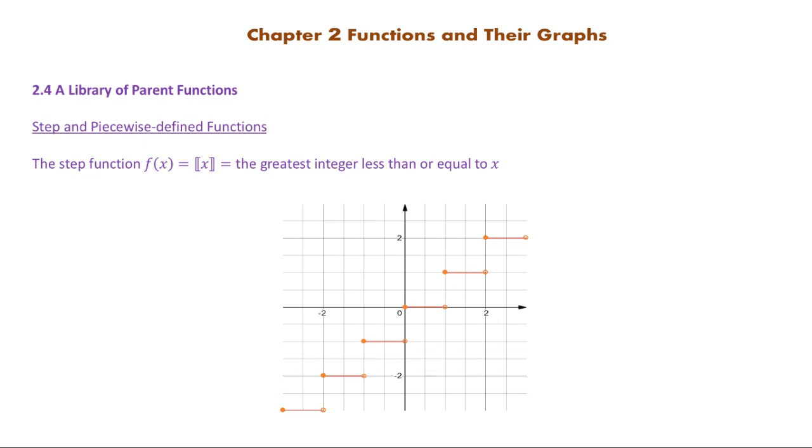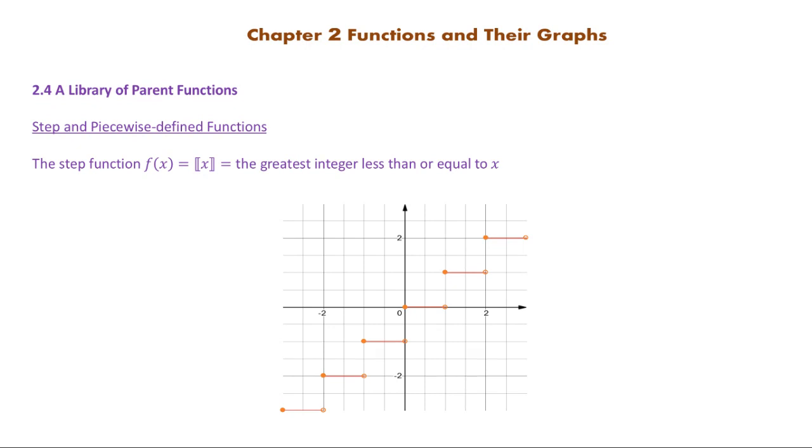But when x is equal to 1, what happens? Then the greatest integer less than or equal to 1 is just 1, right? So it jumps to 1. The function value jumps to 1 when x is equal to 1. So you get a jump there.